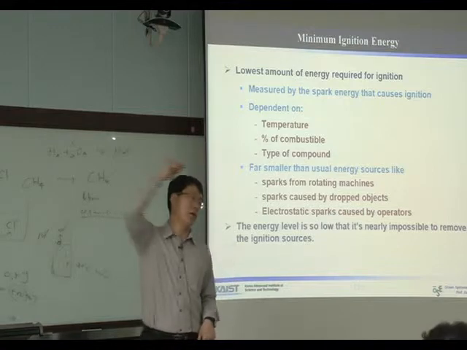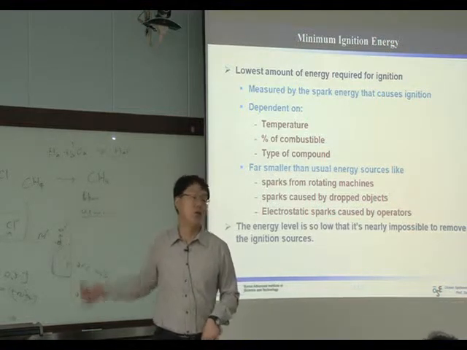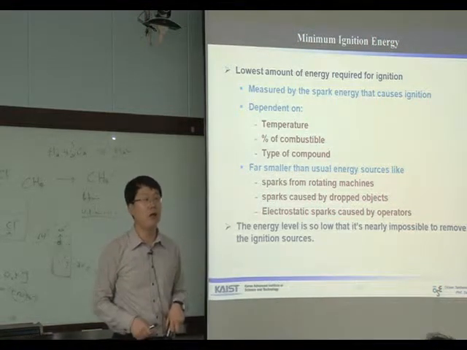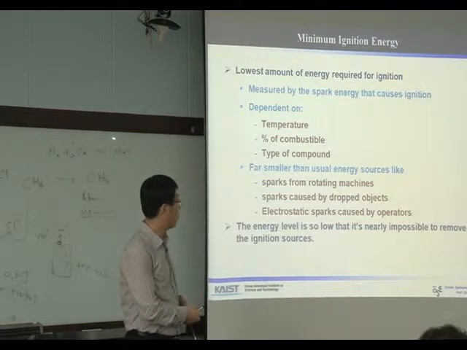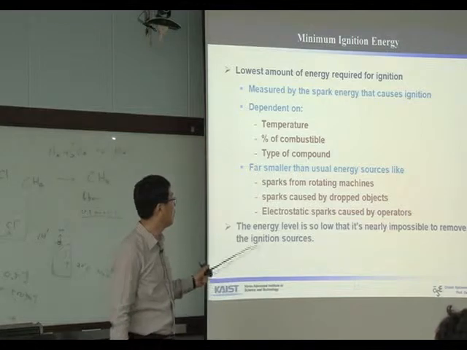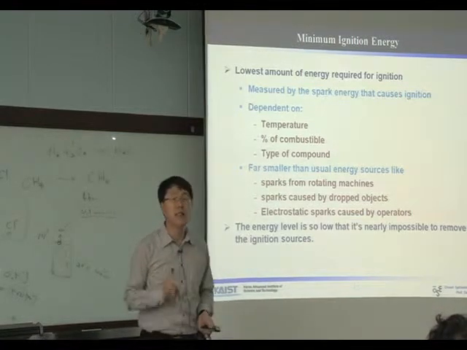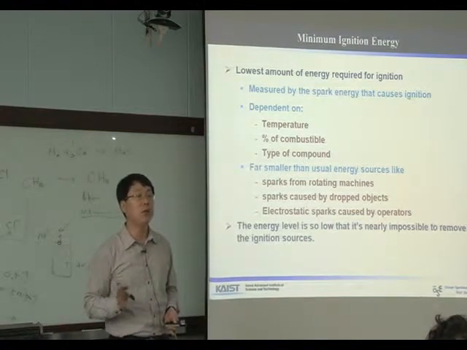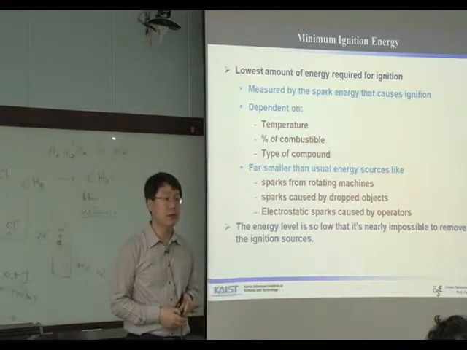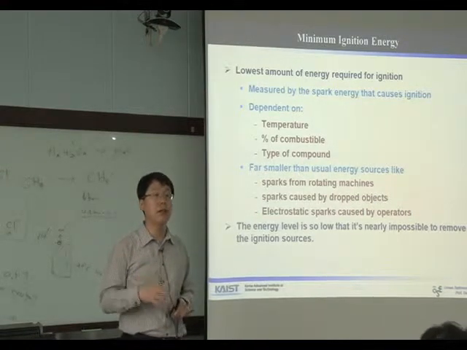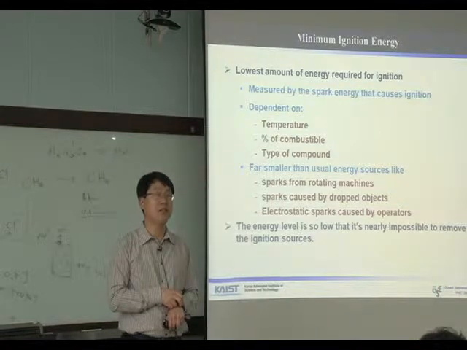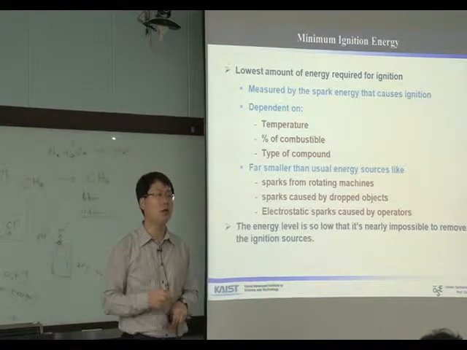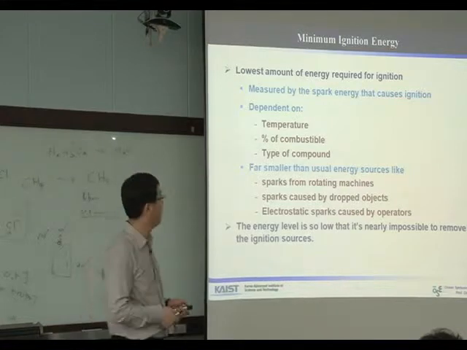This kind of action can cause sparks that are enough to ignite the mixture. So the conclusion is that it's really impossible to remove all the ignition sources. We can decrease the population density of ignition sources, but it's very hard to remove all the ignition sources completely.